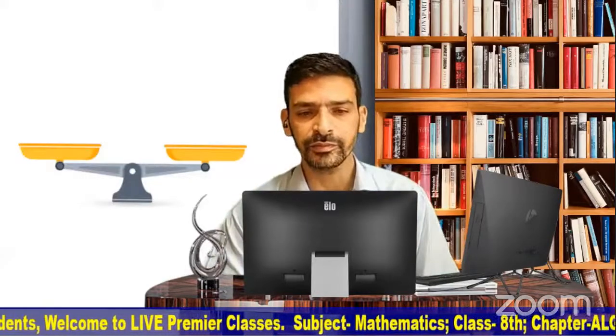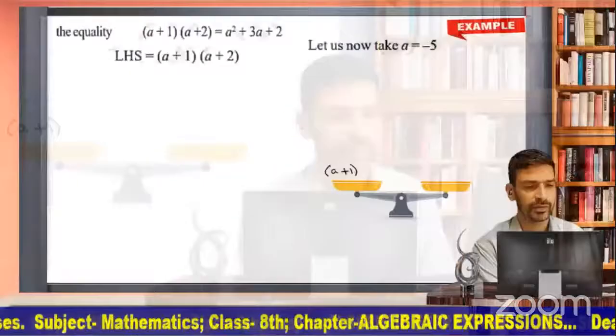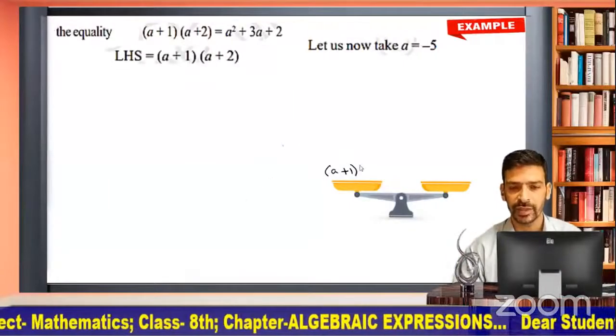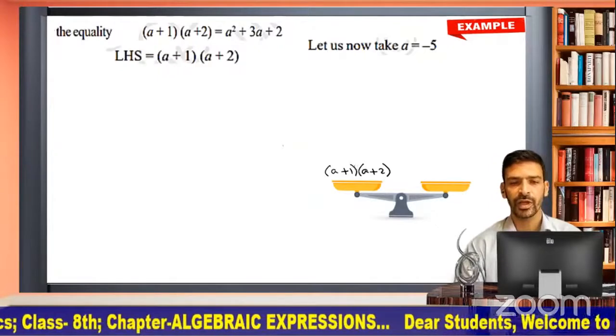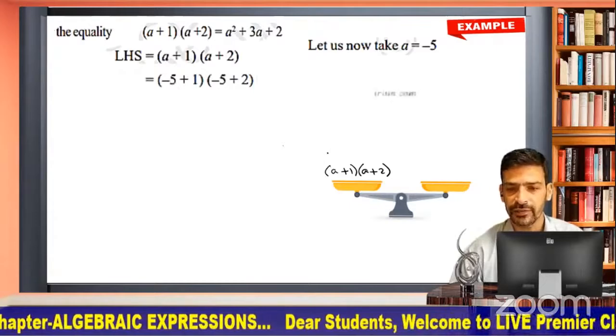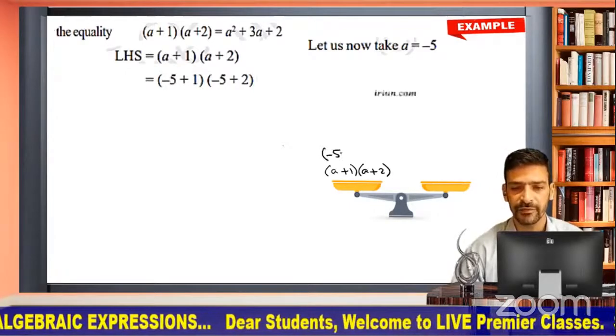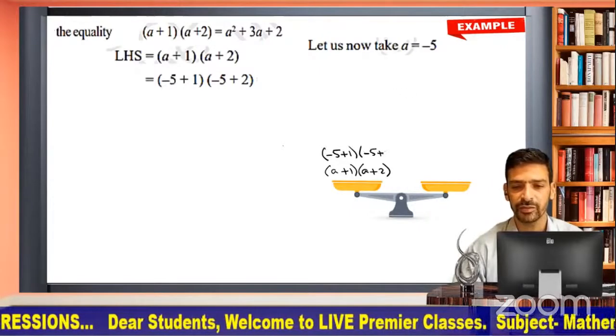I write here the equality is, for left hand side it is again a plus 1 multiplied by a plus 2. इसका वैल्यू मुझे लेना है a equals -5 plus 1 multiplied by -5 plus 2.